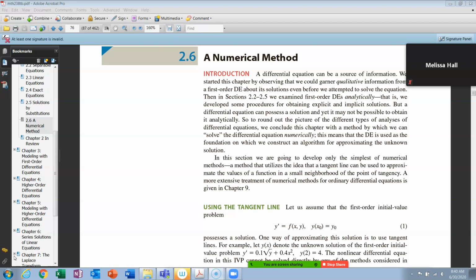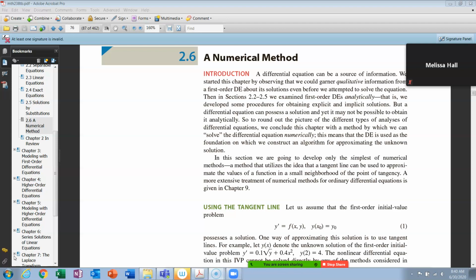They started the chapter talking about qualitative information on first order differential equations, and then analytical information on first order differential equations. Now, analytical solutions means we actually find a way to solve them.